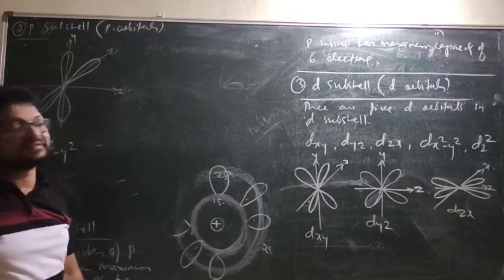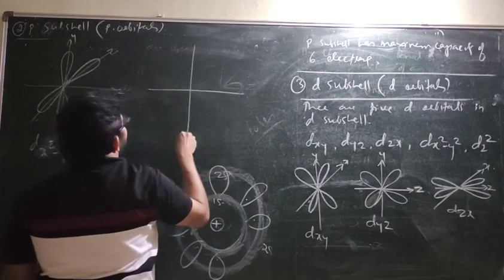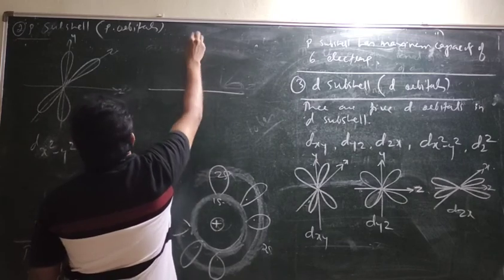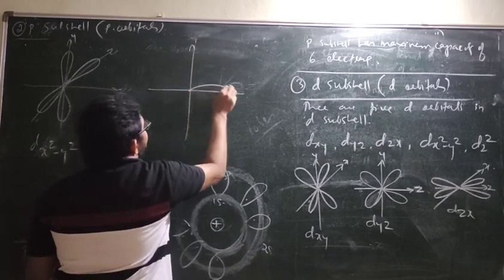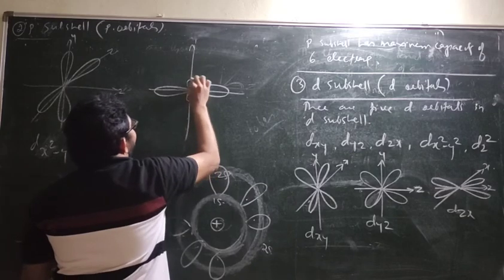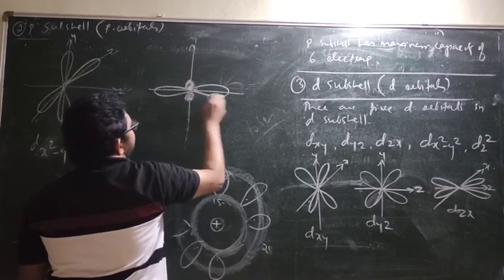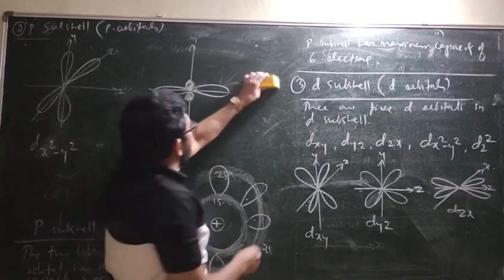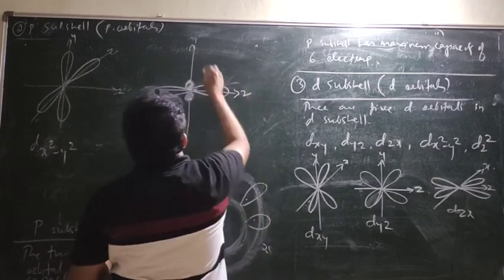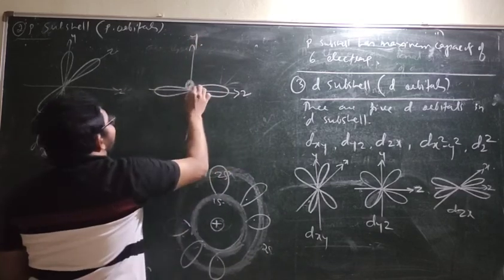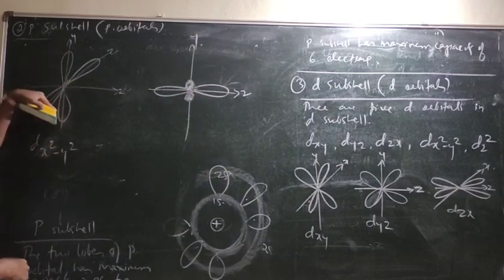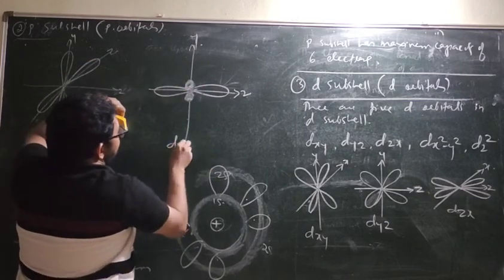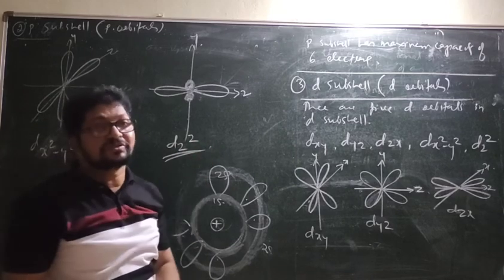On the axis. Y square minus z square. Already there is a lobe on y, a little like this. Z square, z axis, y axis. Because there is already a lobe on y, it pushes, so it bends a little. This is called dz square. And remember, this is the internuclear axis.